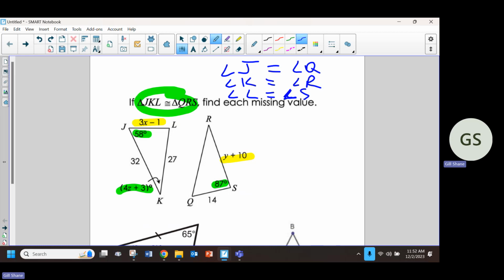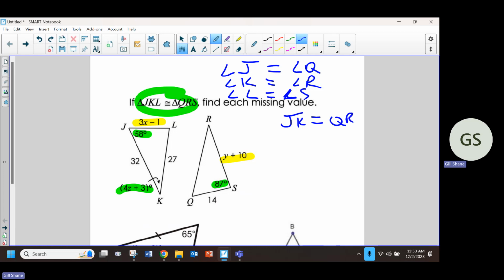So if the triangles are congruent, we talked about this last class, or one of the last couple classes. If two triangles are congruent, then there are congruent parts of those triangles that will match up. So when it comes to sides, the concept is the same. Side JK is the same length or is congruent to QR.